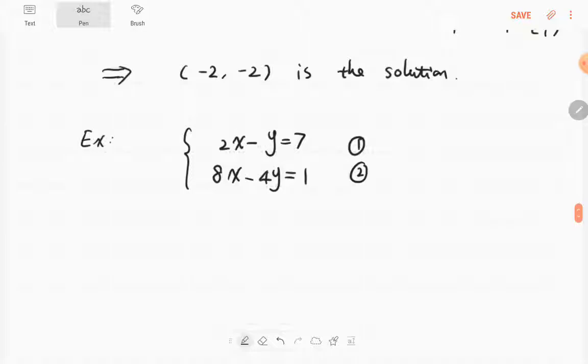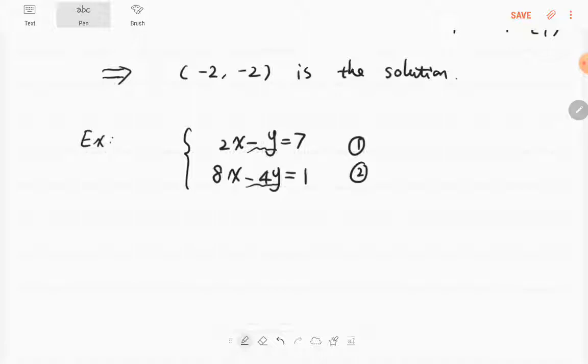The coefficient here for y is -1, right? And the second one is -4. So if we change the coefficient of the first y to be +4, then +4 plus -4 will get 0y. So that's how we can eliminate y.